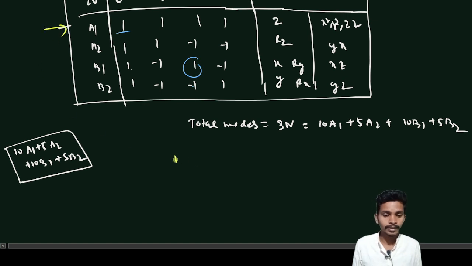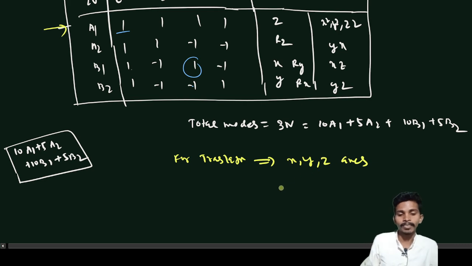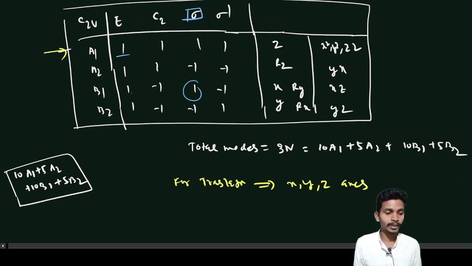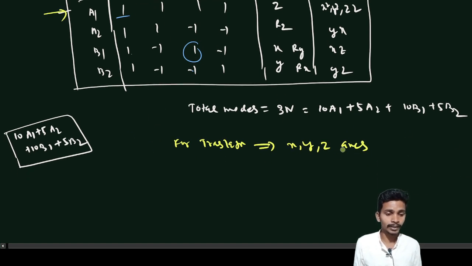So for translational, we look at the XYZ axis. Note that for IR active also we use the XYZ axis, and for translational modes also we use the XYZ axis. So for translational we have to check whether the XYZ axis is present or not.